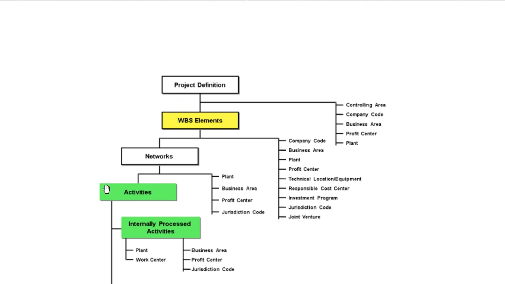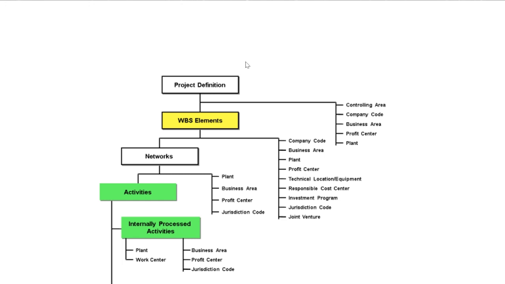It may not necessarily be like that. The first level will always be a project definition. The second level can be a WBS, even the third level and the fourth level can also be a WBS. Under the WBS we can build a network, and then network activities. That's how we can build a structure.